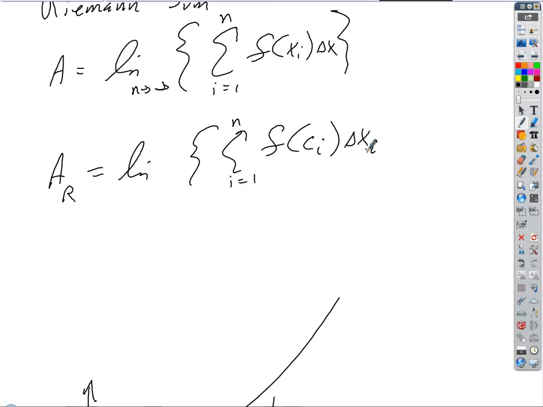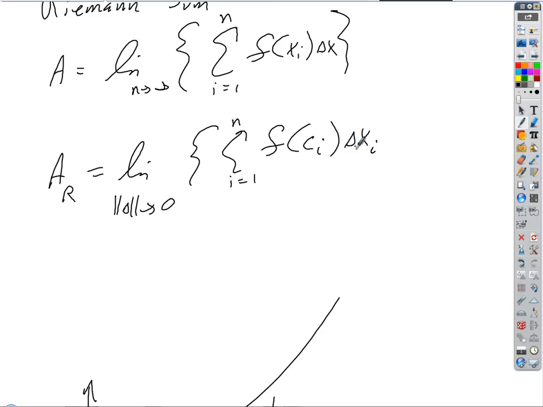But then the part out front, instead of letting n go to infinity, we're going to let the norm go to 0. What that means is the norm is how we define the widest subinterval. So let's just say that delta x sub 4 is wider than delta x sub 3.